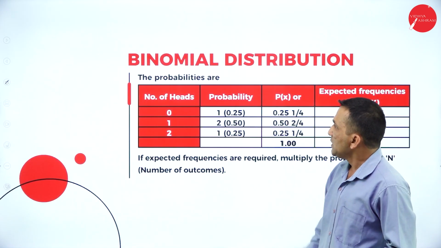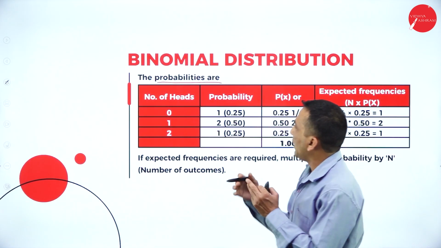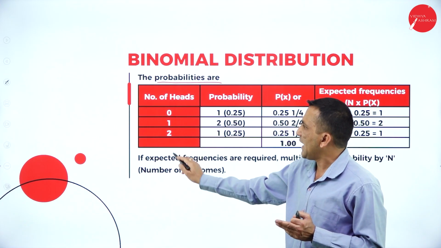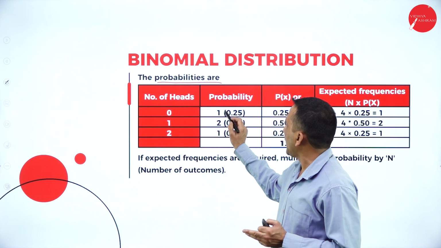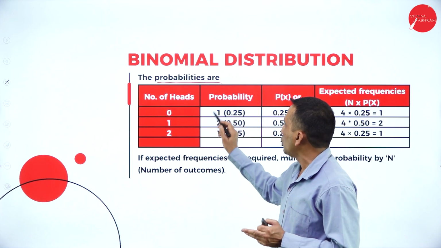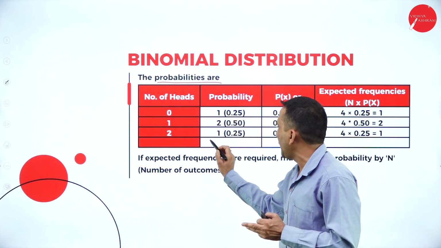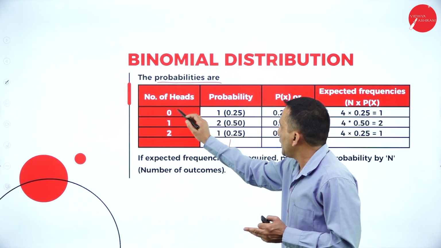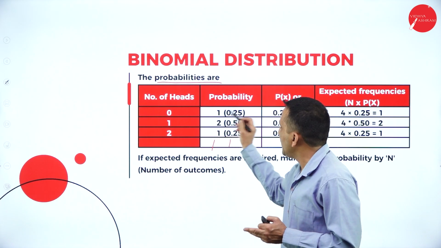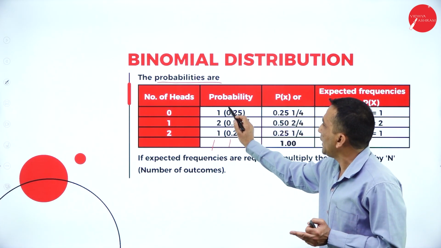So, moving forward. After writing the probability, the X series is 0, 1, 2 and the probabilities, the total outcome, the total probability is 1 only. So, if you add together you are getting 1. So, here the probability is 1 by 4. Instead of writing 1 by 4, I can write the fraction value like this.